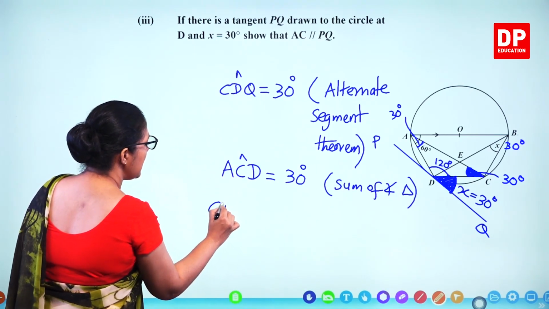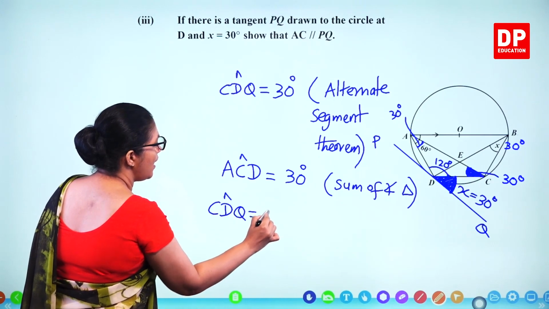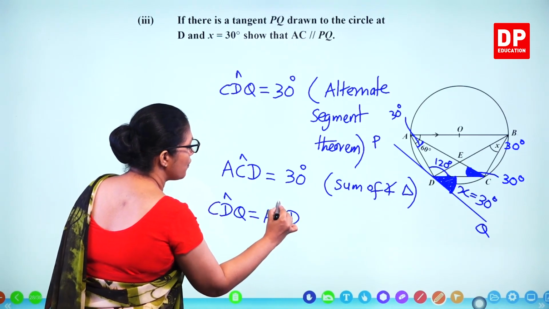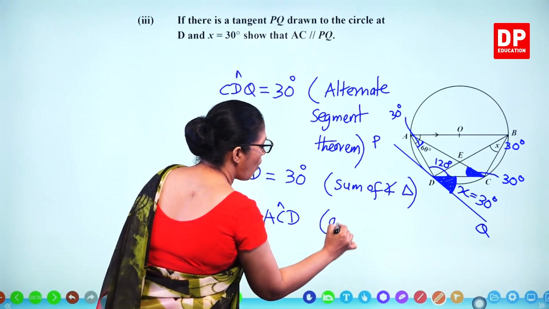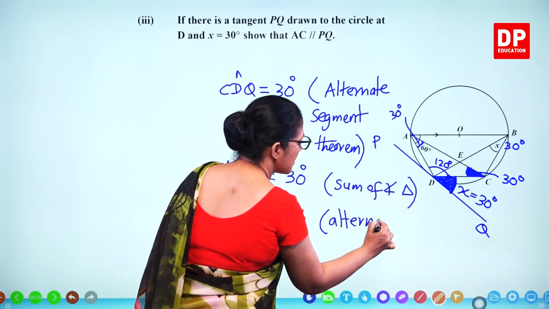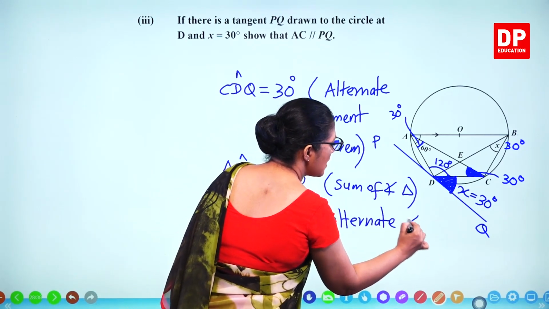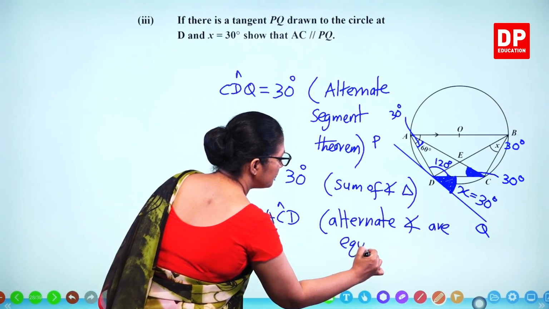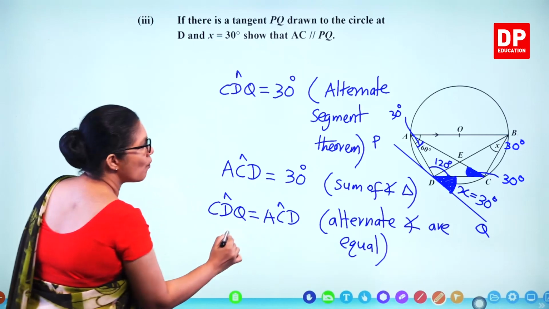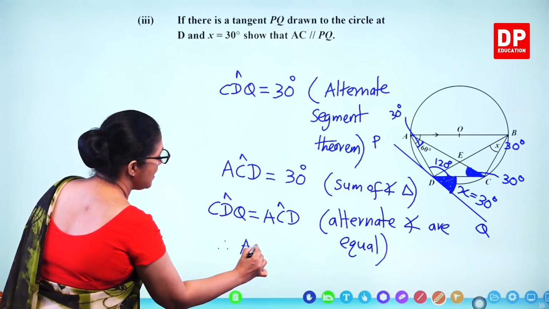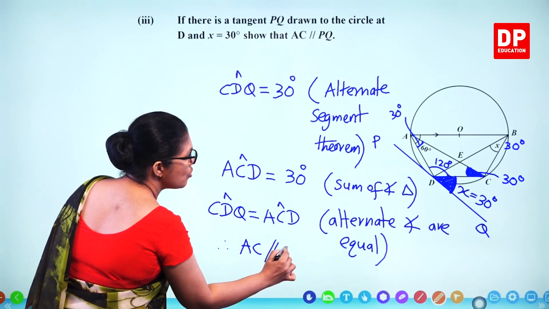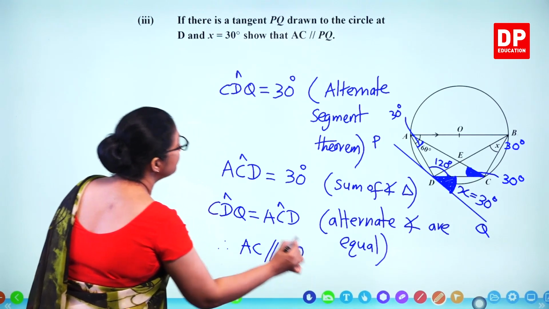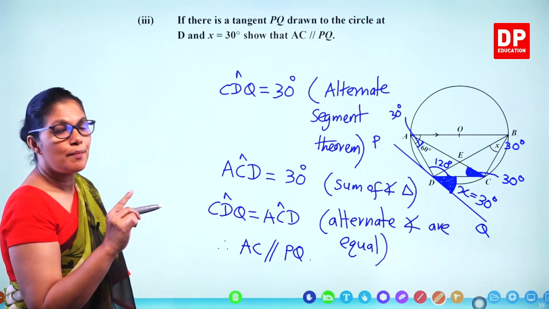So CDQ and ACD are both equal. So alternate angles are equal. Therefore, AC should be parallel to the PQ line. So that's the proof of this.